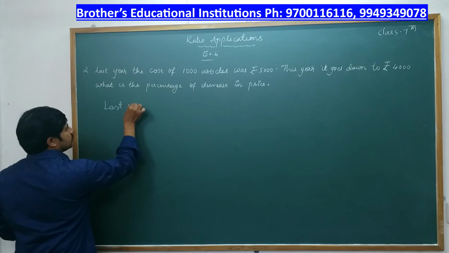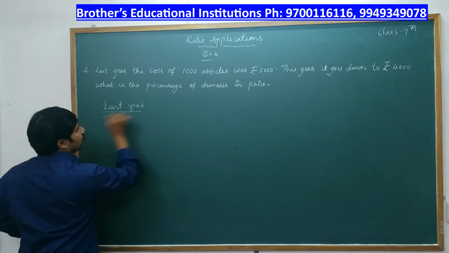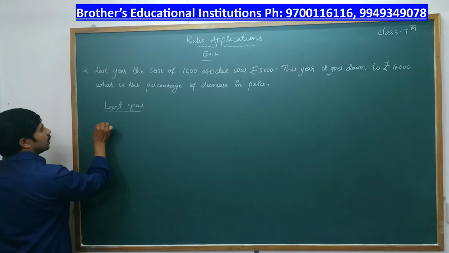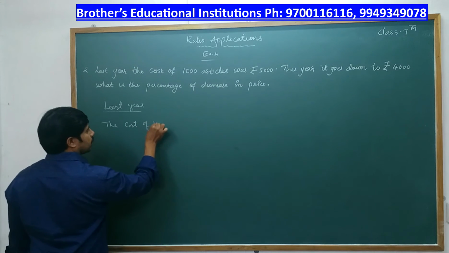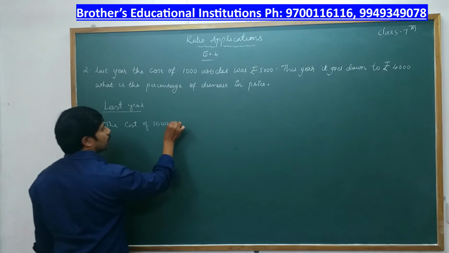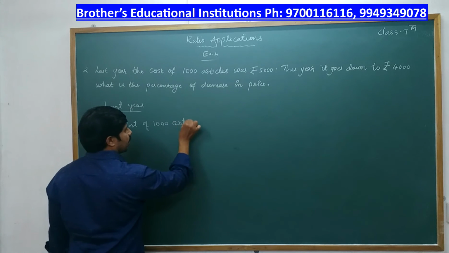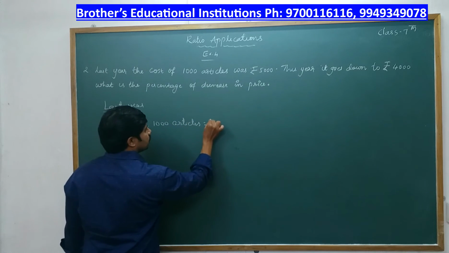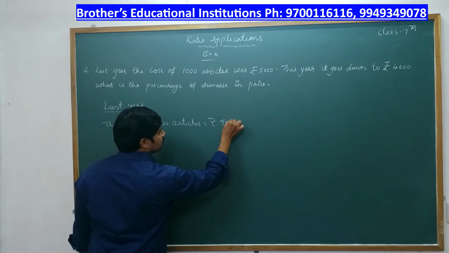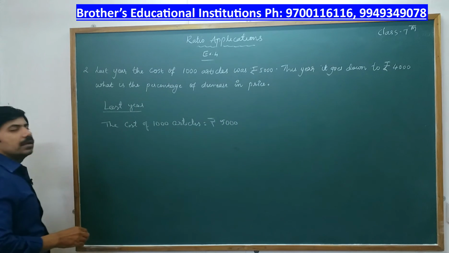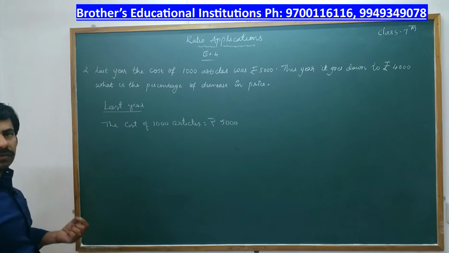Last year, the cost of 1000 articles is rupees 5000, right?